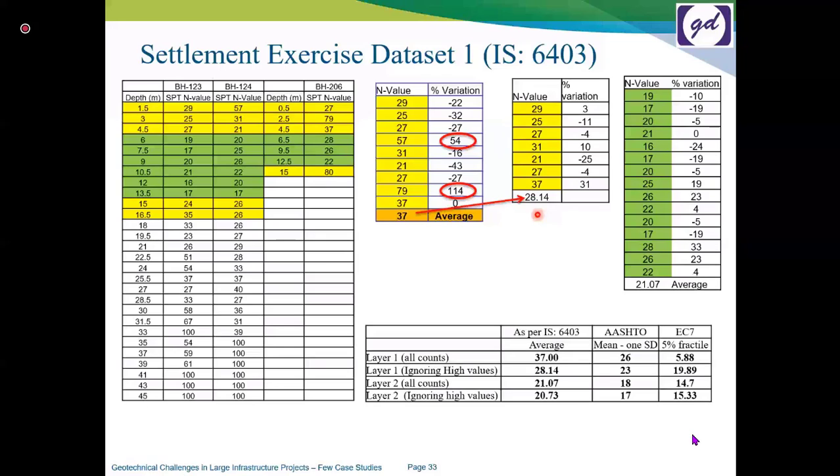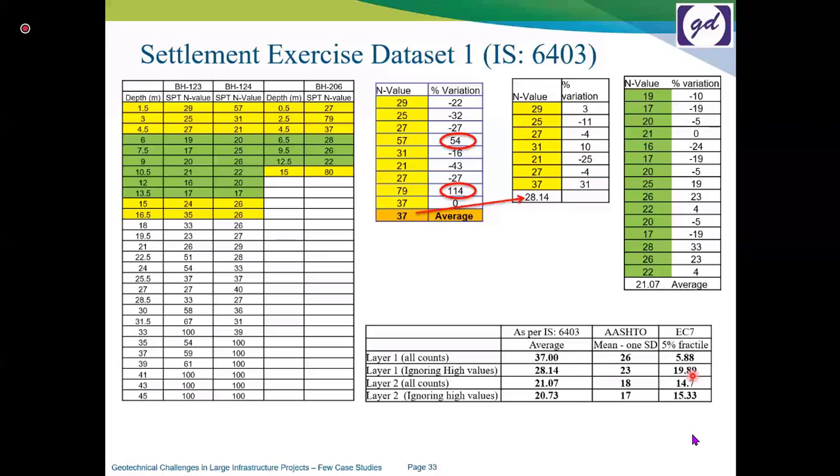Now if I compare the approaches from the IS code, AASHTO and Eurocode, then if I go with the IS code for layer 1 with all counts, it's 37. If I ignore very high values, it will give you 28 for layer 1. For the same layer, AASHTO gives 23 and Eurocode gives 19.